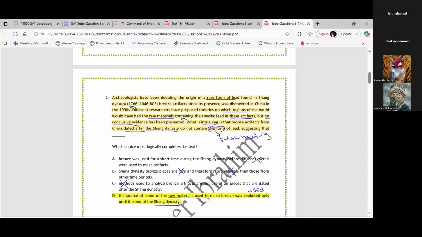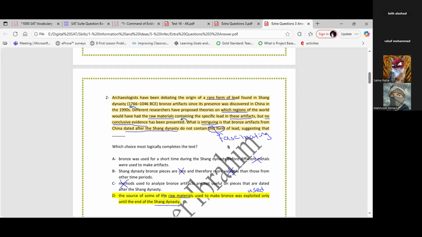We said only that they are rare, okay? But we didn't say that they are valuable. We never said that they are valuable. It wasn't mentioned. Methods used to analyze bronze artifacts are not useful on pieces that are dated after the Shang dynasty. I never talked about the methods. I never mentioned the methods here.